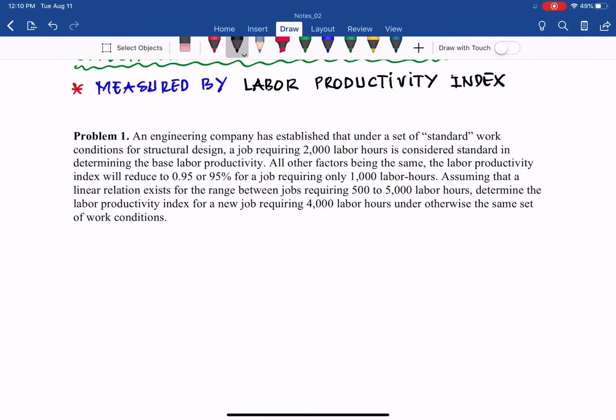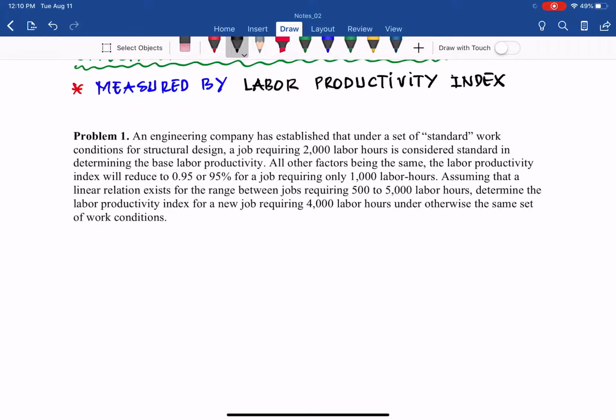An engineering company has established that under a set of standard work conditions for structural design, a job requiring 2,000 labor hours is considered standard in determining the base labor productivity. All other factors are being the same.